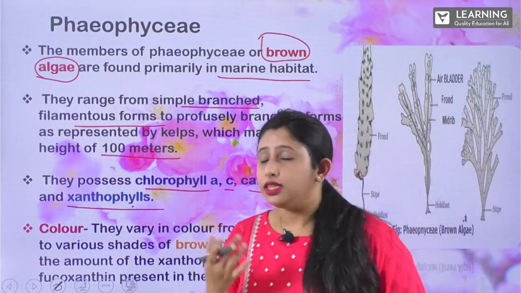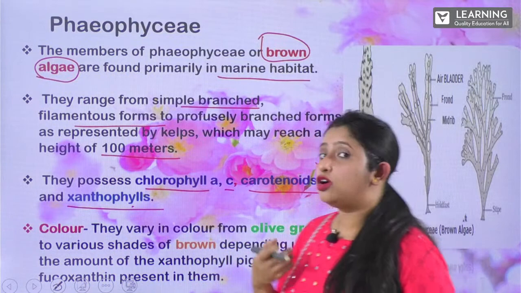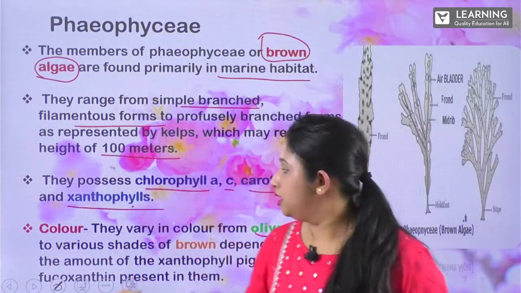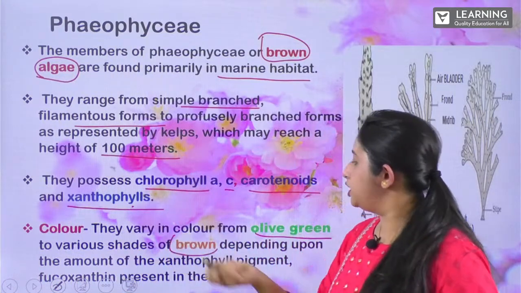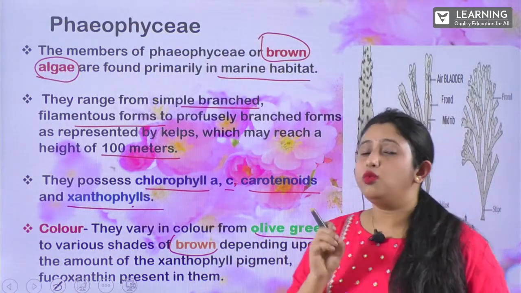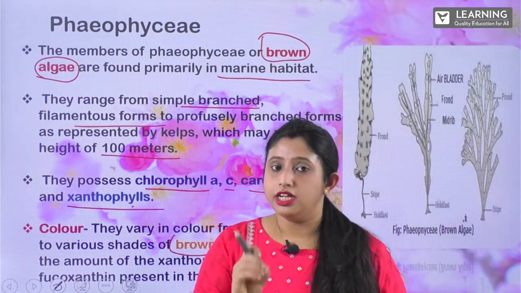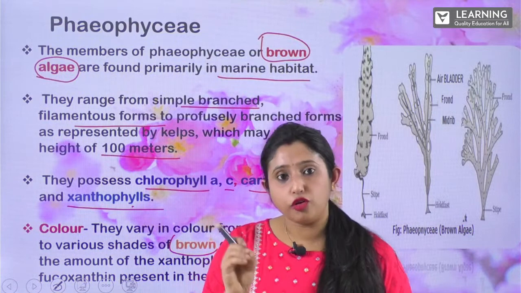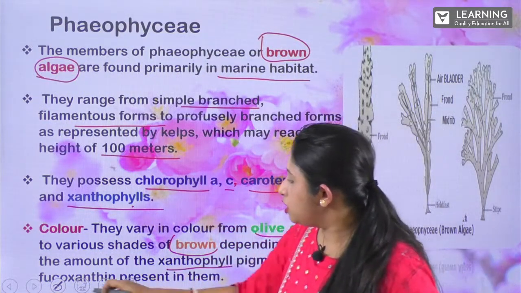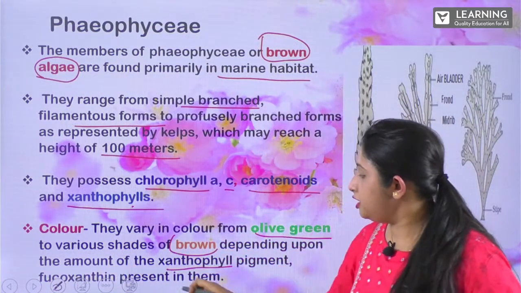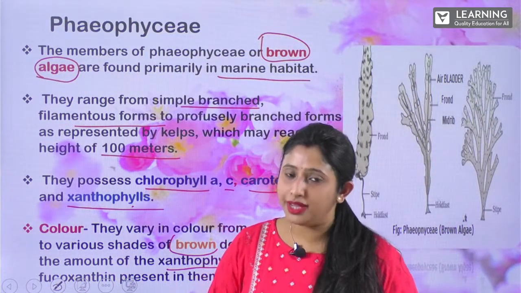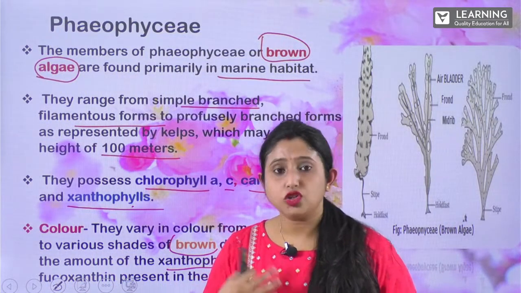It may vary from olive green to brown, depending on the pigments, the xanthophyll pigment or fucoxanthin present in them. Depending on the presence of pigments, the color also varies.